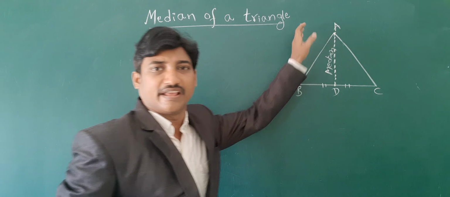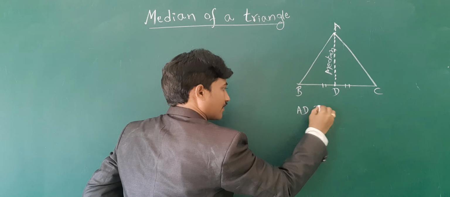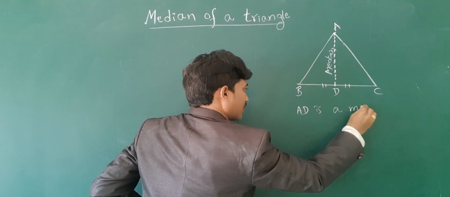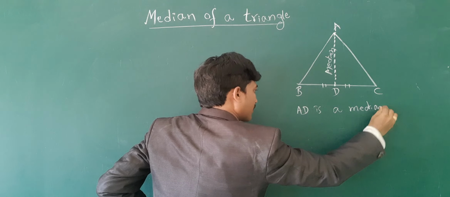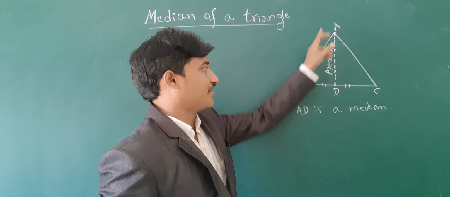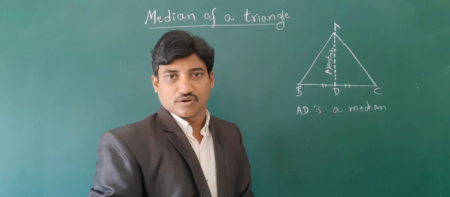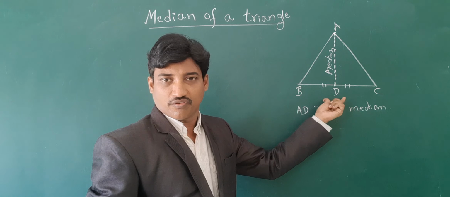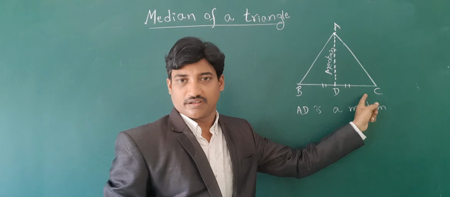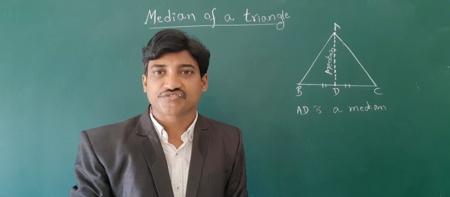Here AD is the median. In this triangle ABC, AD is a line segment joining a vertex to the midpoint of the opposite side, so AD is a median of this triangle.